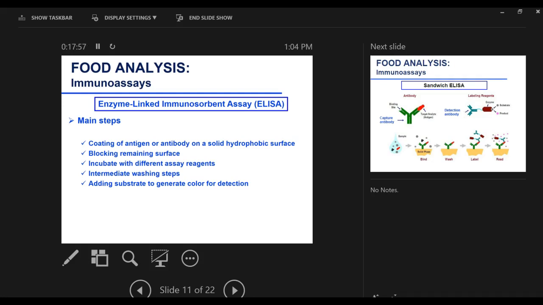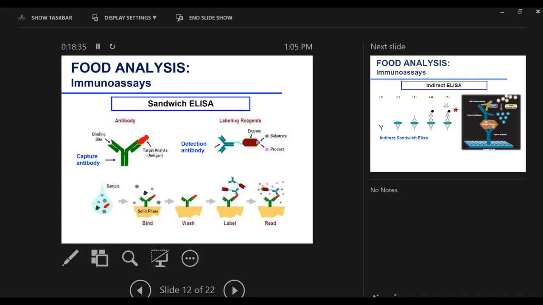So you add that, and then you wash, another wash, and then finally you add your substrate. When you add your substrate, the substrate will react with the enzyme, gives you product, and you measure absorption. There you go. So every time you have a step, you incubate, you wash, you add your second reagent, you wash, and so on until you finally get a product that you can read using a spectrophotometer. And this is the sandwich ELISA.